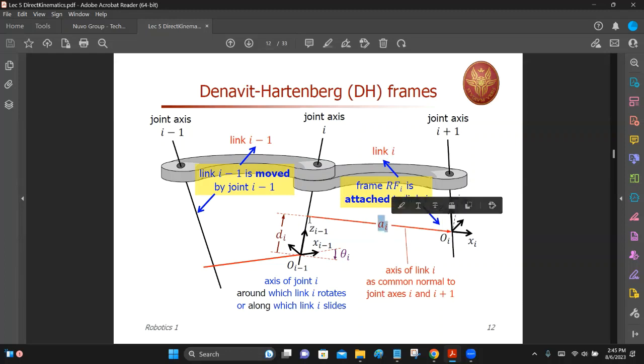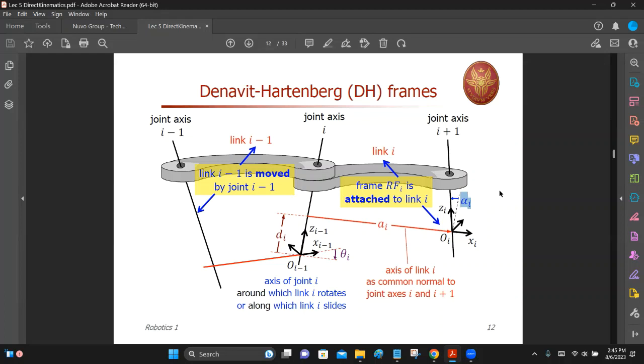So the displacement, how far you want to bring this coordinate frame along this line, matters. And then at the end point, you can see the joint axis I and here joint axis I plus 1. They are not looking at the same direction. They are not parallel. There's some sort of twist, and that is that angle alpha I. So you need to put that also into your mathematical model.